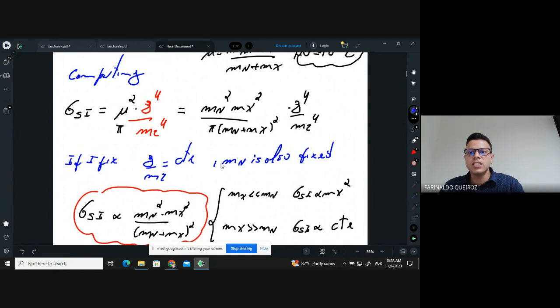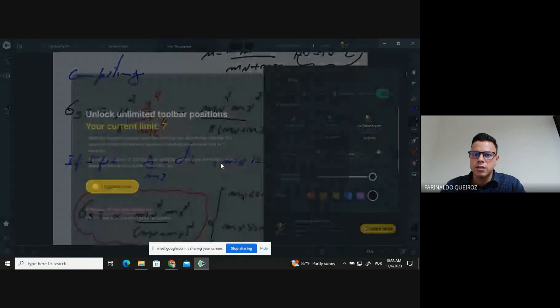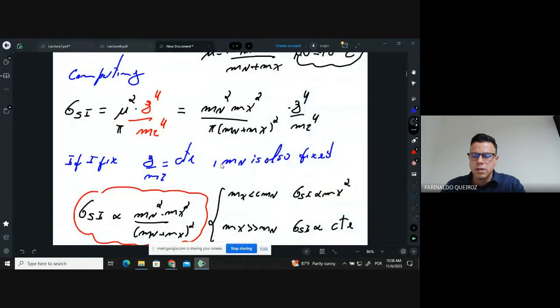So if I change the coupling or the mass of the mediator, the scattering cross section will drastically change, because it's similar to annihilation or to the abundance. When I change this thing, then I really change the scattering cross section.